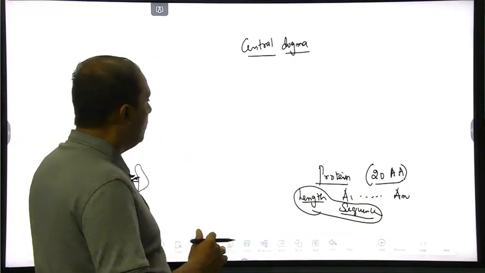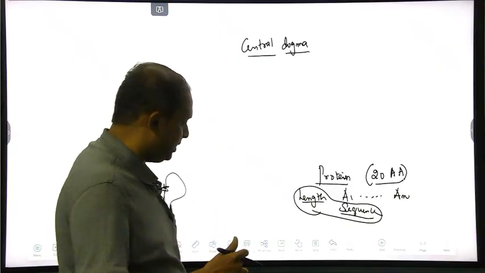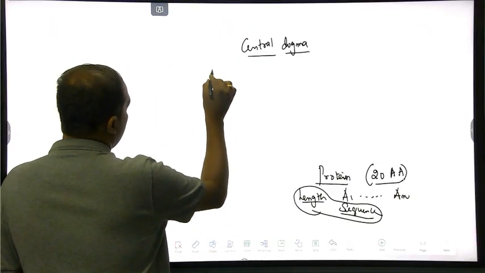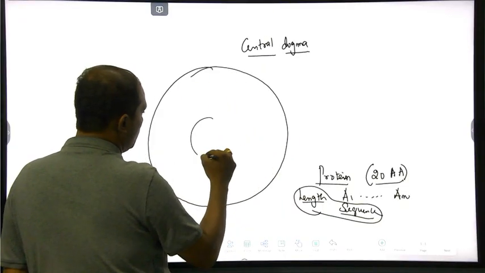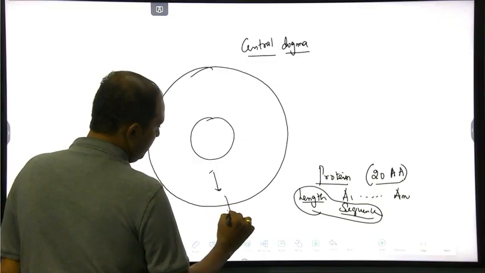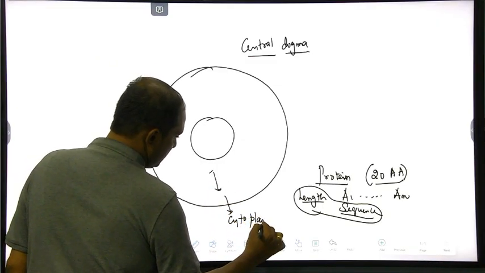Okay. Now the question is, where does protein synthesis happen? It happens in an organelle. So let's assume that this is a cell. This is a nucleus, and this part will be referred to as the cytoplasm.